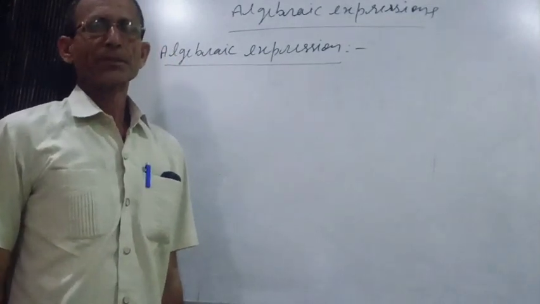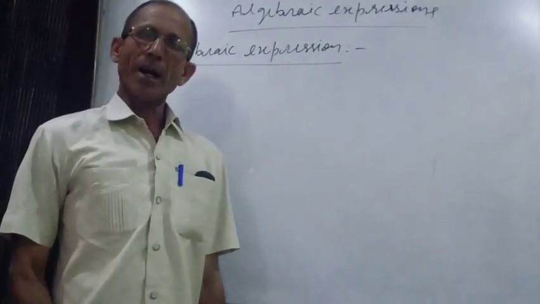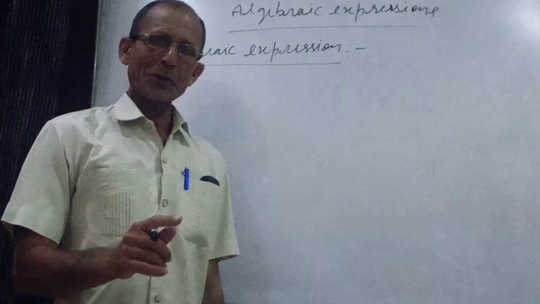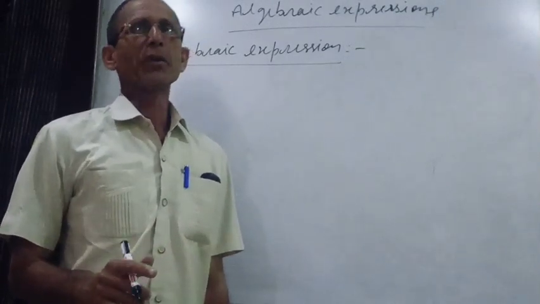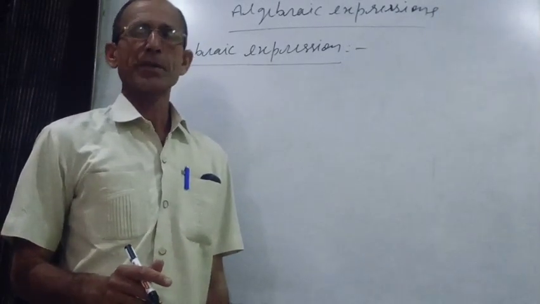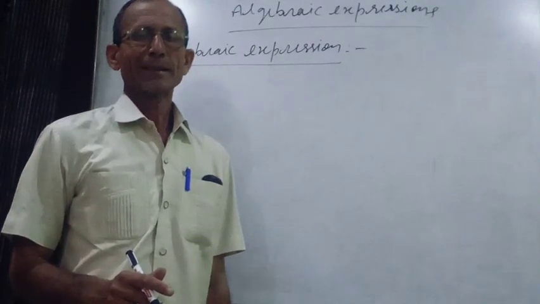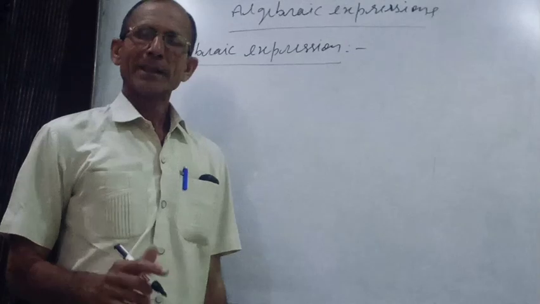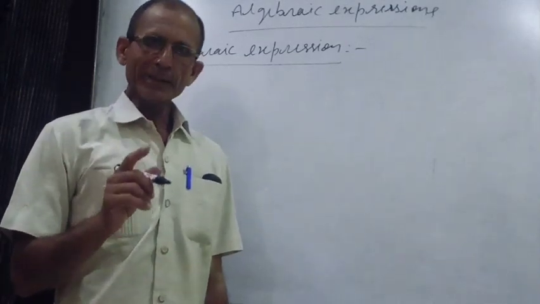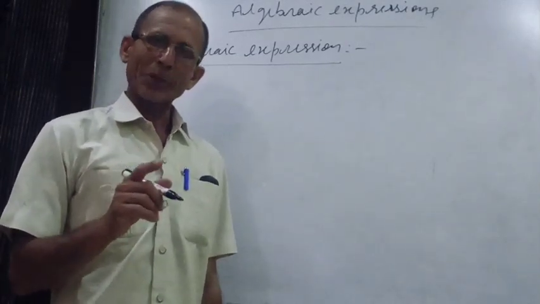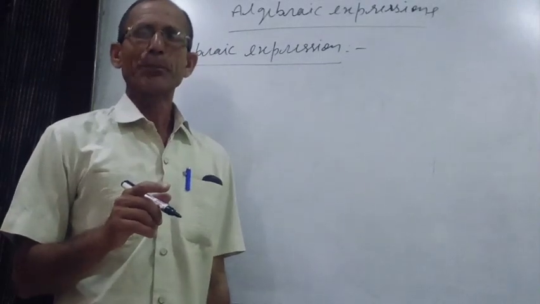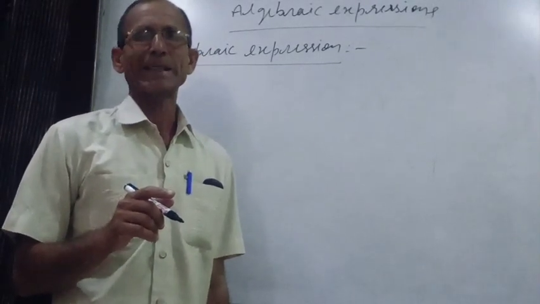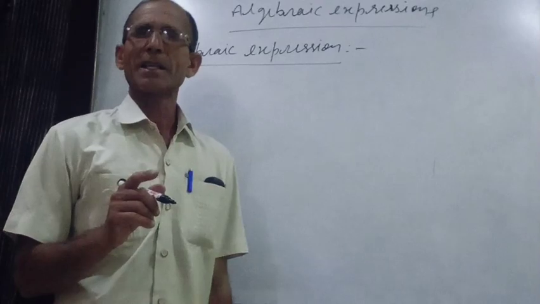The combination of variables and constants along with fundamental operations of math is called algebraic expression. Listen again. The combination of variables and constants along with fundamental operations of math is called algebraic expression.